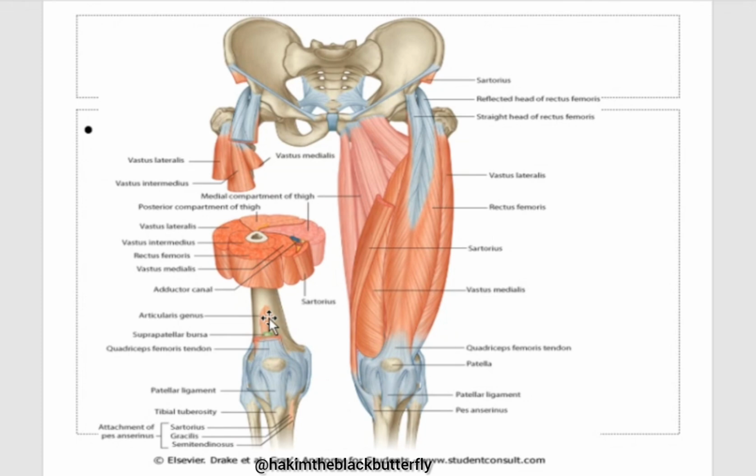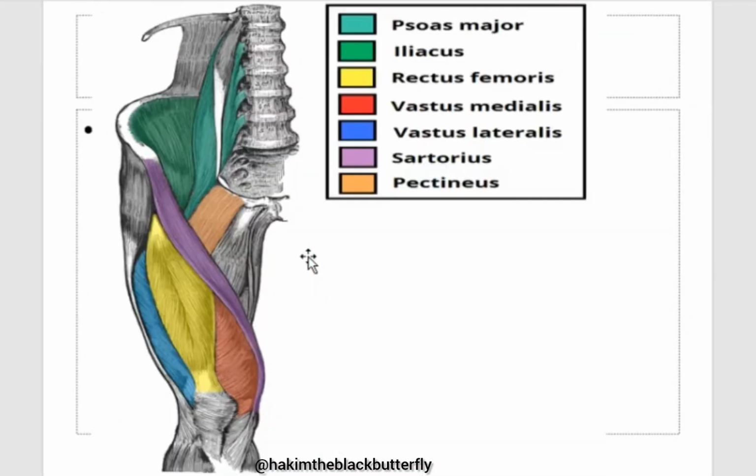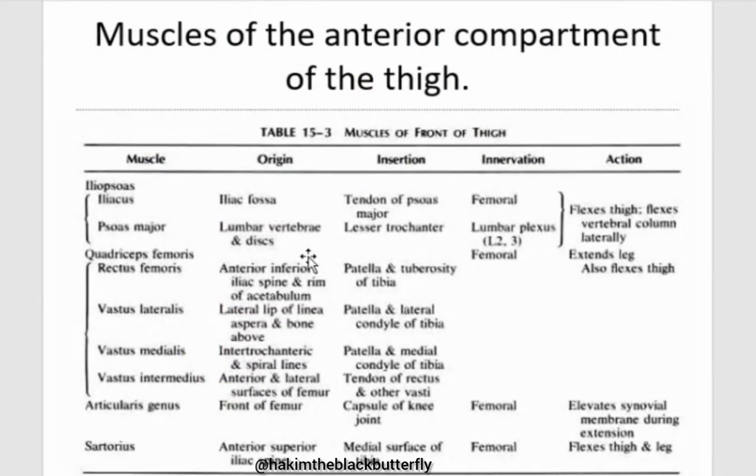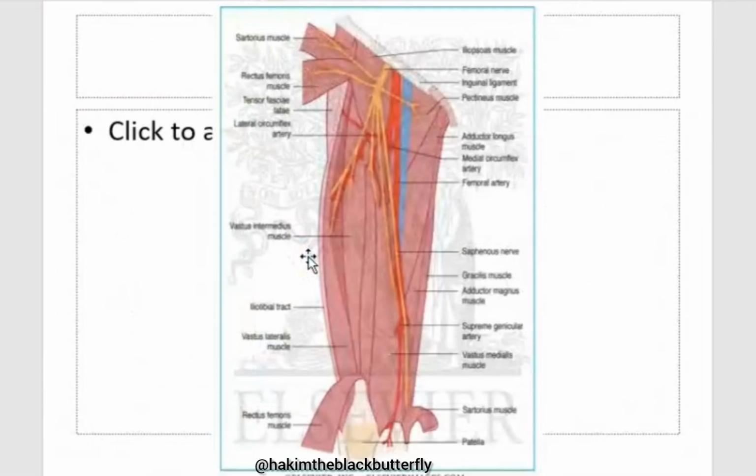That's why the capsule has to move in relation to the movement of the knee joint, so that it's not excessively stretched. But the major muscles are the rectus femoris, vastus intermedialis, vastus medialis, vastus lateralis, and sartorius. The tables summarize them for you so that when it comes to studying them, they don't give you a hard time.